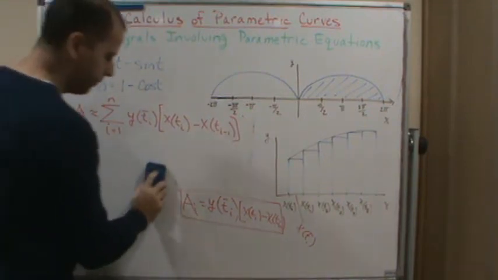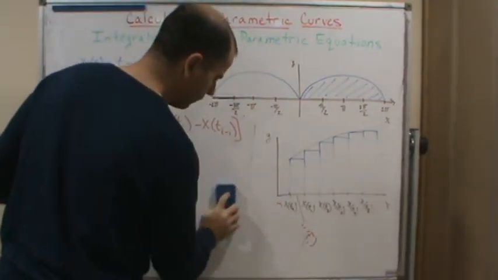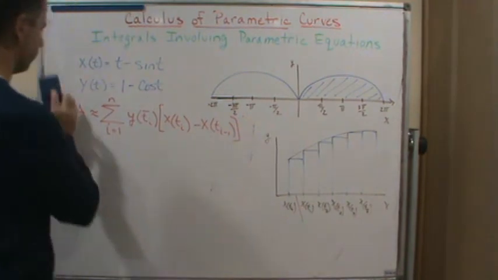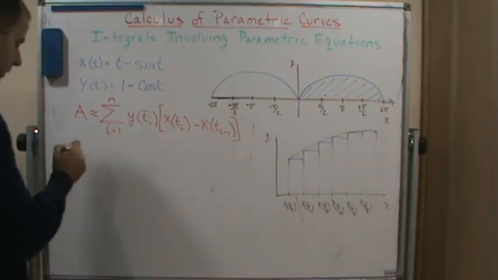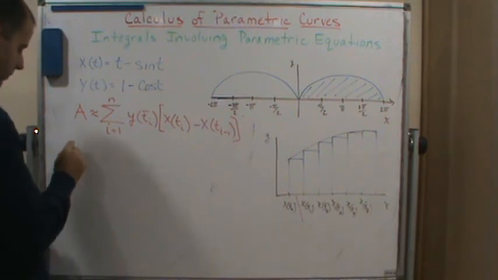Okay, so now that I've got that, let's manipulate this because I need a delta t in here, and I don't have one. Okay, so what's delta t?